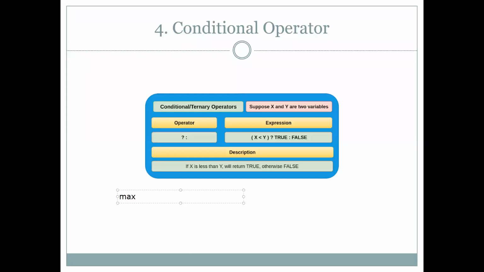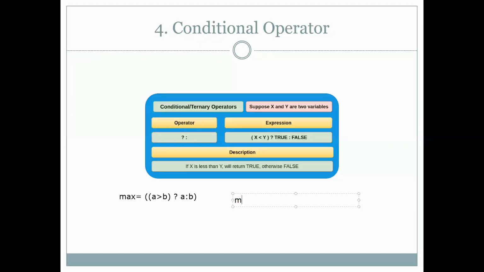So max is equal to, in the bracket, A is greater than B, then question mark, as per the syntax, question mark, A or B. Here, A is greater than B is the condition. If the condition is true, then return A. If the condition is false, then return B. Right?